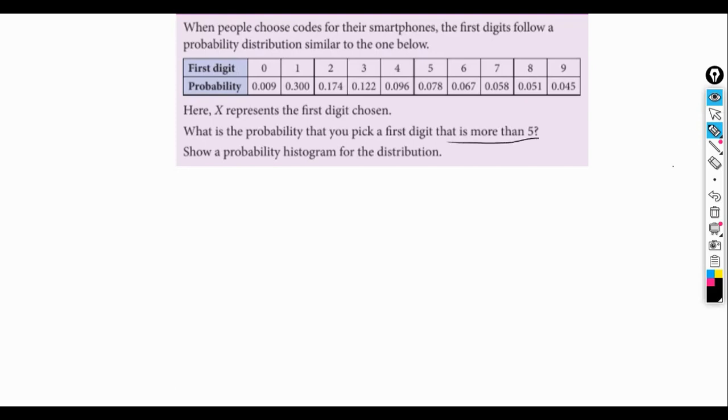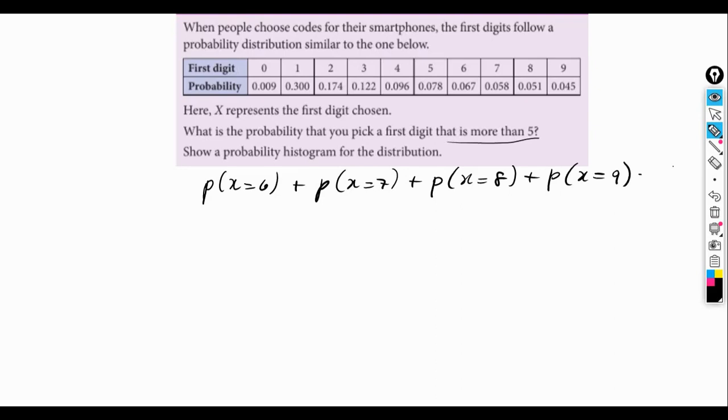So notice that that's simply going to be the probability that we choose 6 plus the probability that we choose 7, or that we choose 8, or the probability that we choose 9.